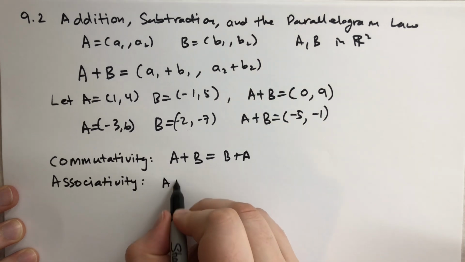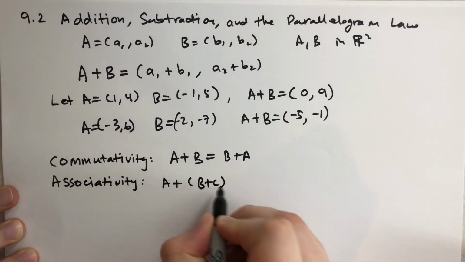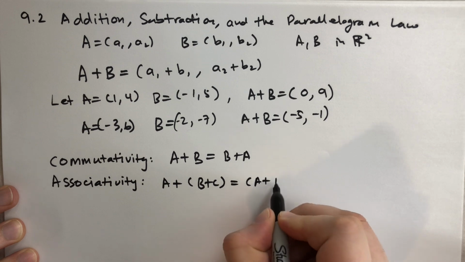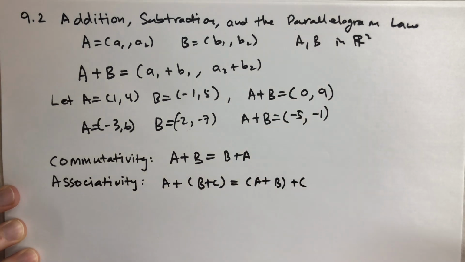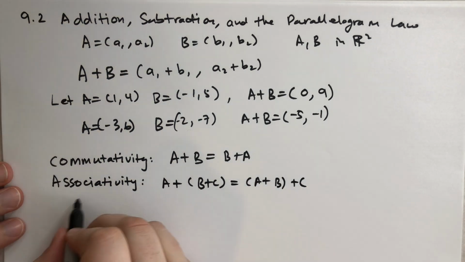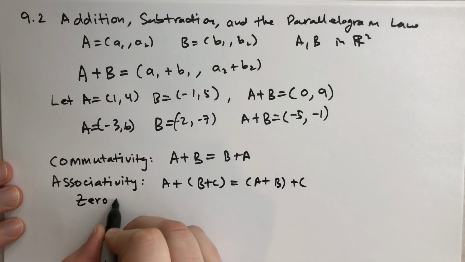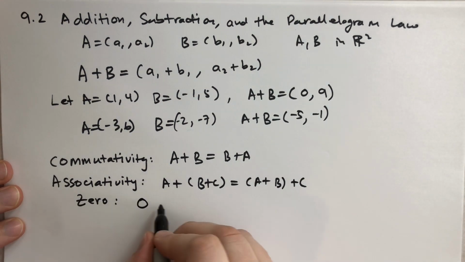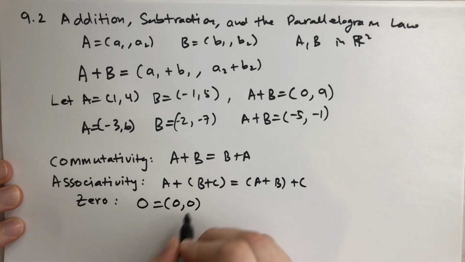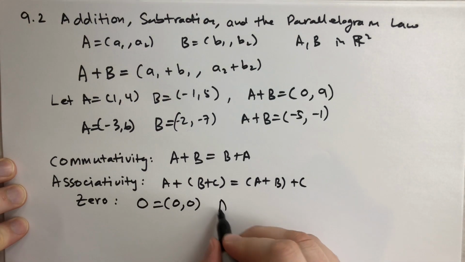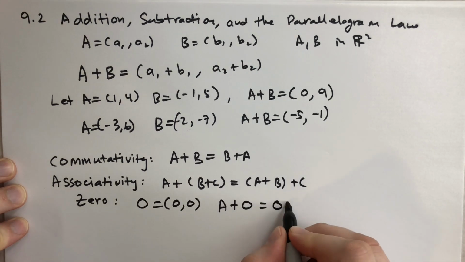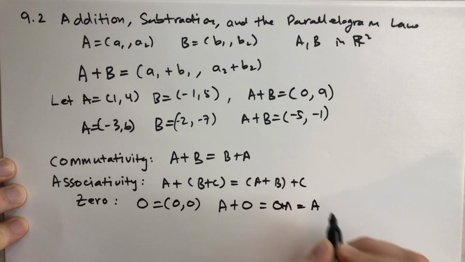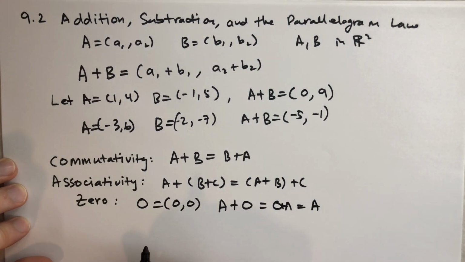If we do B plus C first and then add A, that's the same as doing A plus B first and then adding C later. We also have a magical zero element. So O is (0, 0), and A plus O is the same as O plus A, which is equal to A. So adding 0 doesn't do anything.